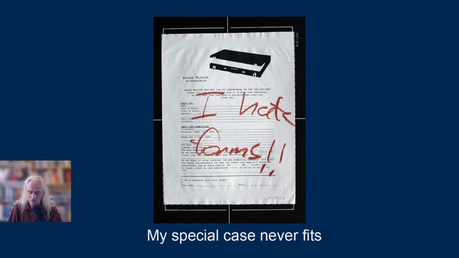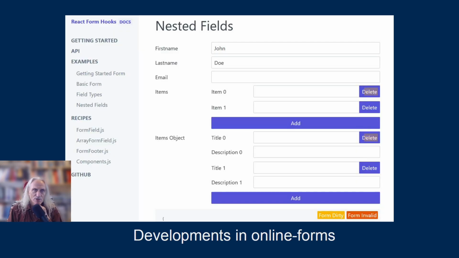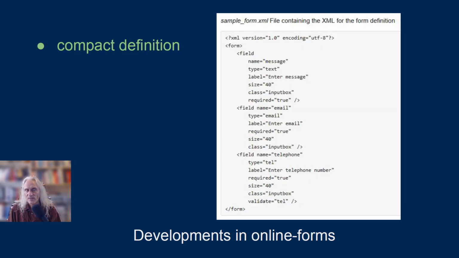For instance, if you want to input things into an AST. Those basic HTML elements have not changed very much, but there are a lot of libraries and packages that have extended the possibilities and the usability of HTML forms considerably. For instance, in React, but I use Joomla, and in all those libraries and packages you have extra possibilities like a compact definition.